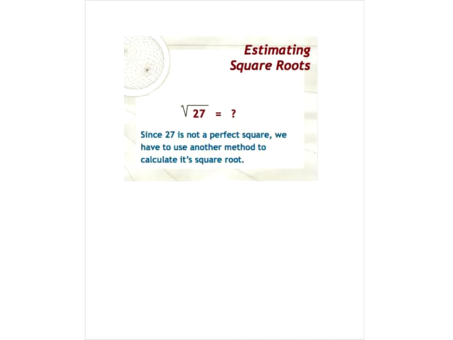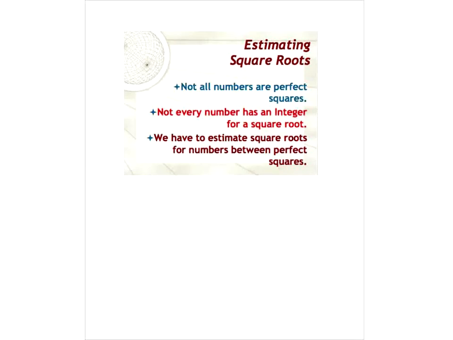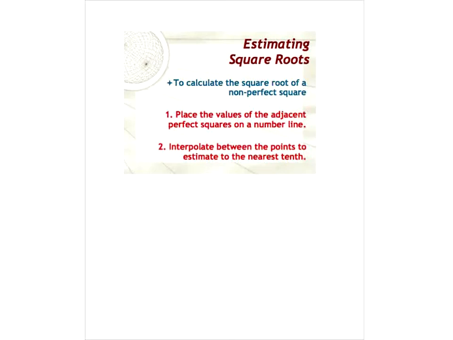So let's say we were going to estimate the square root of 27. And again, it's not a perfect square, so we can't find any whole number that multiplies to that amount. This here is just saying not all numbers are perfect squares. And it says to calculate the square root of a non-perfect square, we place the values of adjacent perfect squares.